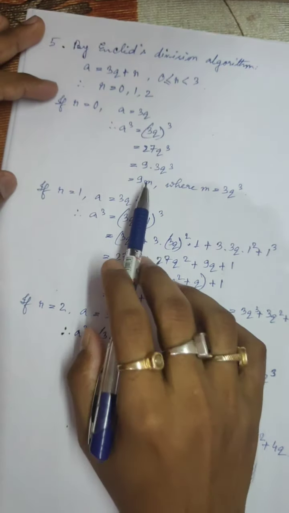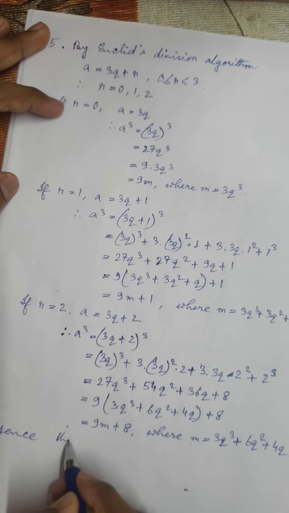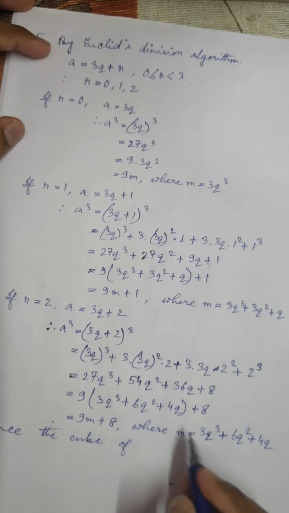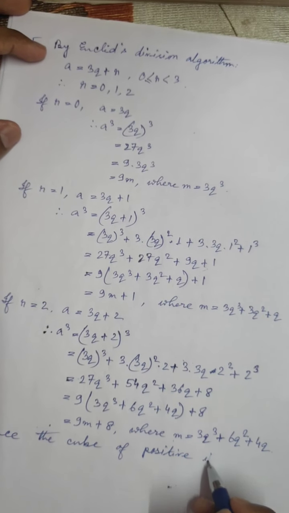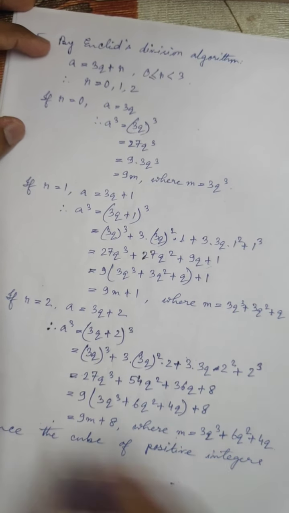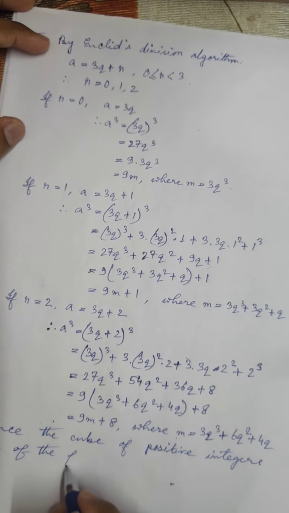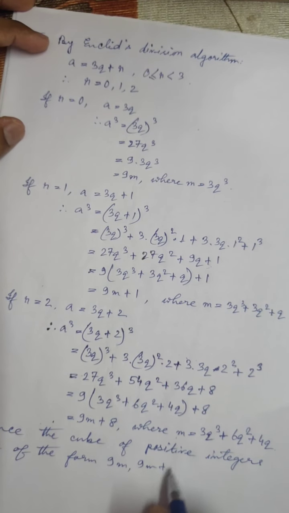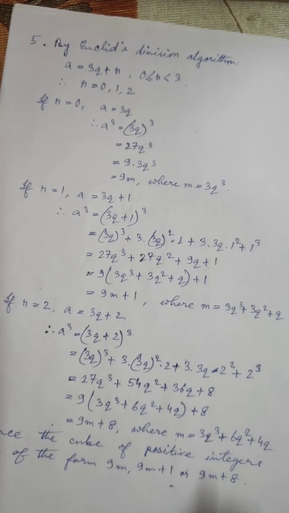Now see, these are the forms 9m, 9m plus 1 and 9m plus 8. That's it.